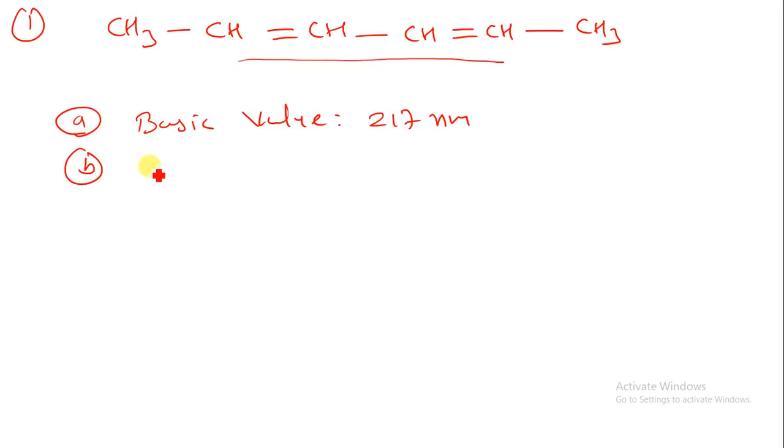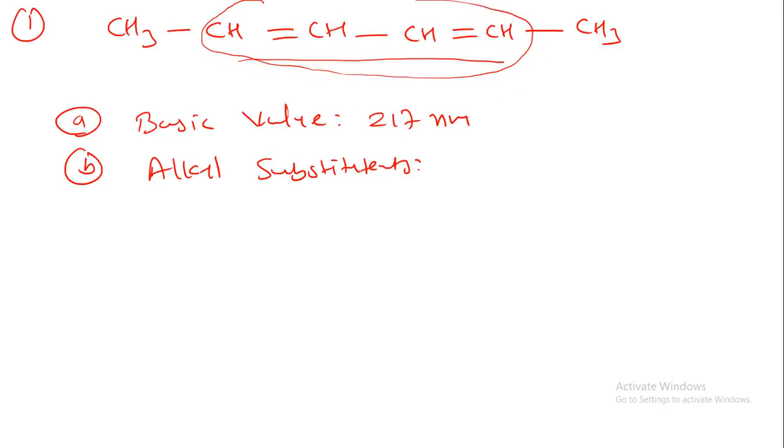Second one is the alkyl substituent. Here we have two alkyl substitutions. Let us understand what an alkyl substitution is. You have to remember that in this 1,3-butadiene system, there is a CH3 group on the first carbon and a CH3 group on the last carbon.